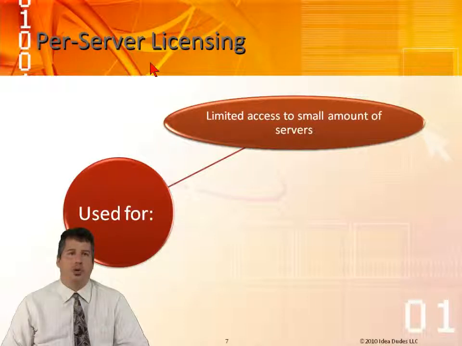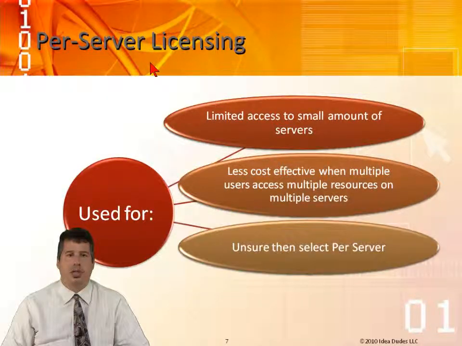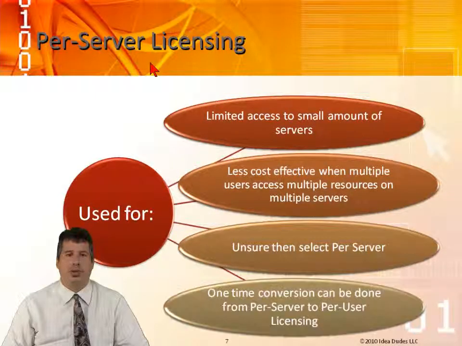If you want to provide access to a limited amount of servers, then you want to use per server licensing. It's less cost effective when multiple users access multiple resources on multiple servers. If unsure, then select per server, because per server is actually the default for the licensing of the Windows 2003 server.